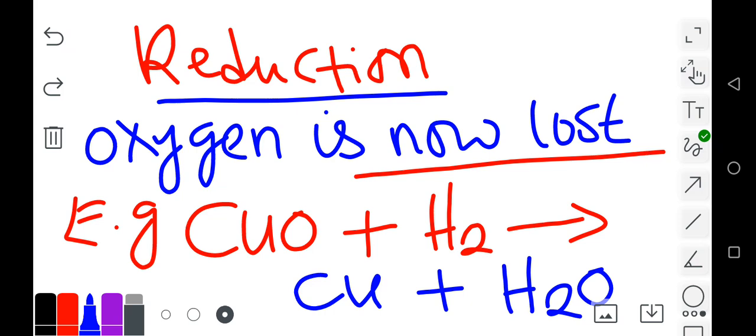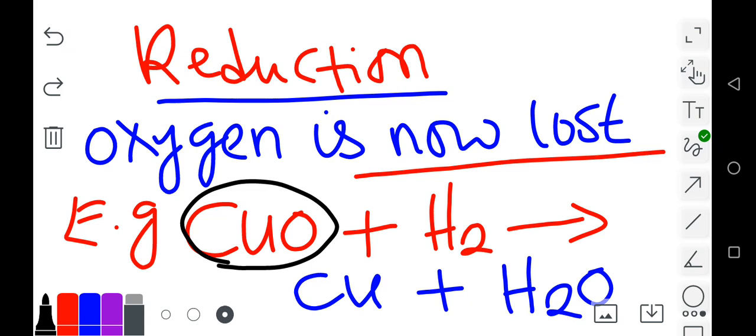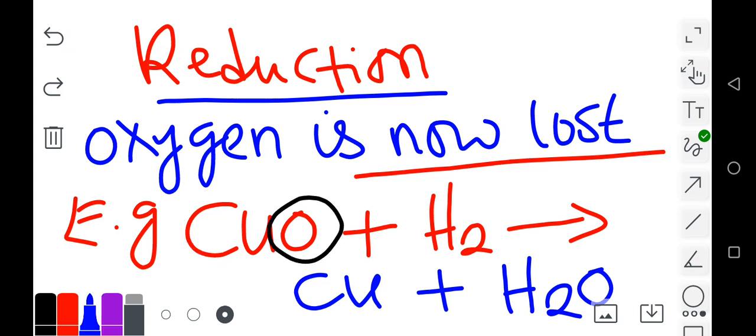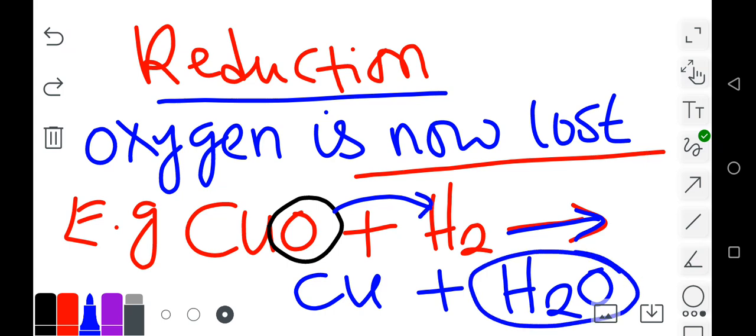Okay, so we can see that in this copper oxide, we have removed the oxygen, and in the product part after the forward arrow, we now have copper alone. This oxygen reacts with the hydrogen in order to form the H2O, which is water.